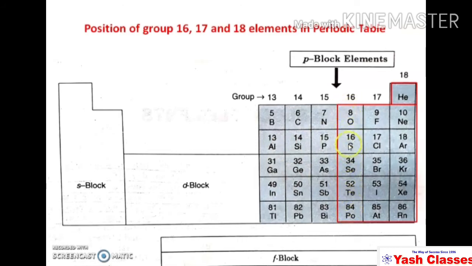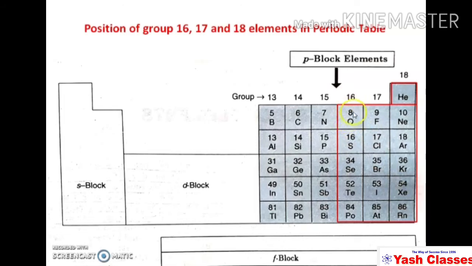Group number 16 elements are called oxygen family elements or chalcogens. Group number 17 are the halogens, that is fluorine, chlorine, bromine, iodine and astatine. Group number 18 are the inert gases, that is helium, neon, argon, krypton, xenon and radon.